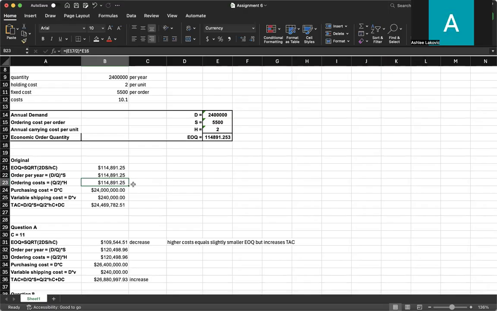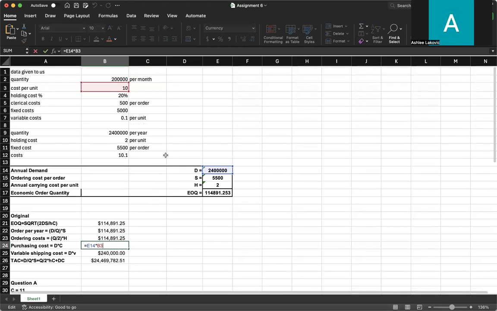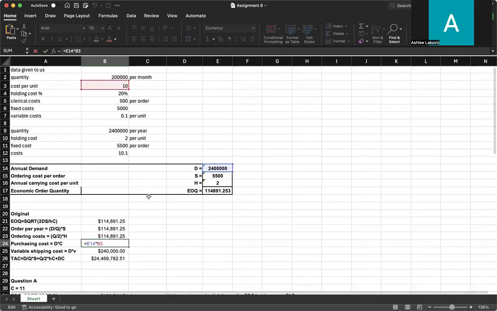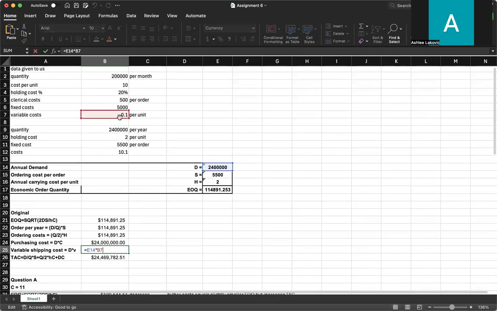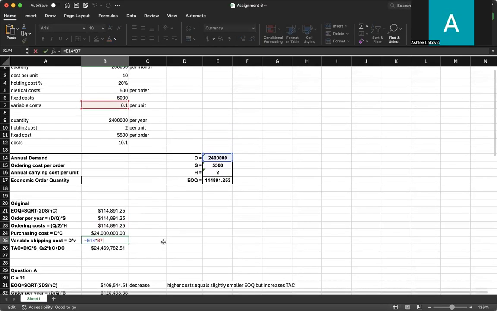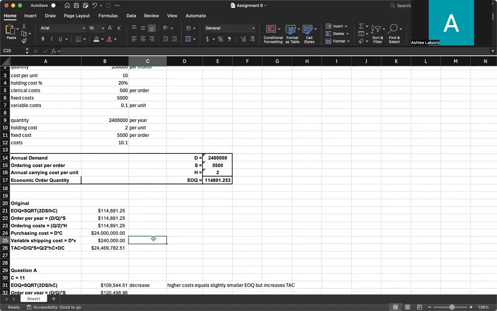Ordering cost is the EOQ divided by 2 times the annual carrying cost per unit. The purchasing cost is demand times cost, so you can see we have annual demand there, and then it's cost per unit. The variable cost is the demand times the variable cost per unit.